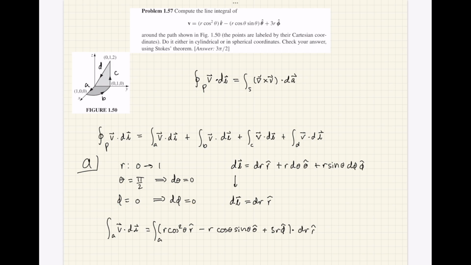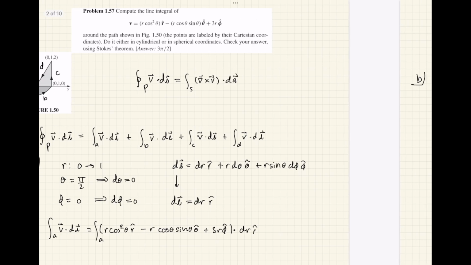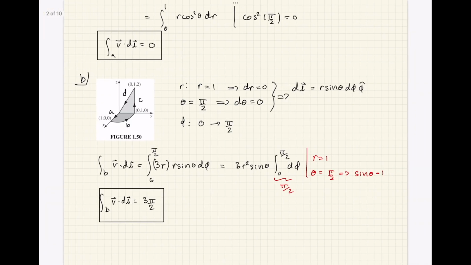When I write out the general elemental path in spherical coordinates, for path A we simply get dr r hat. After dotting our vector field with the elemental path, we get the integral of r cos squared theta dr from 0 to 1, and after evaluating this integral, it simply evaluates to 0.